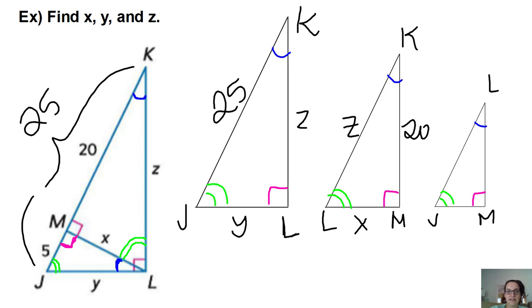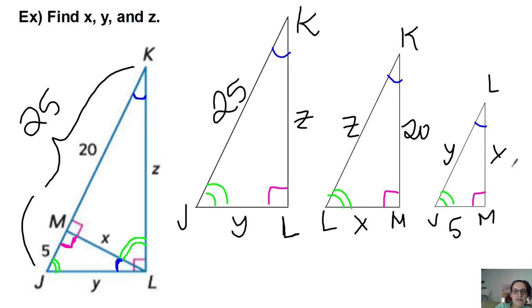So now my hypotenuse is z. And then in my little triangle, M to J is 5, J to L is y, and from M to L is x. So now I have my three similar triangles all drawn separately.